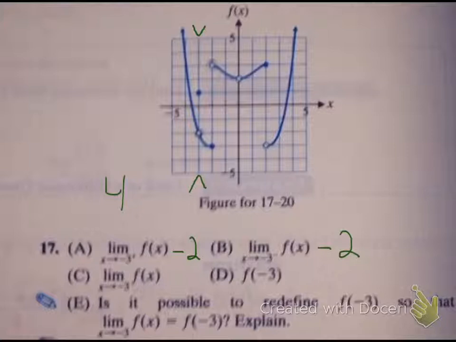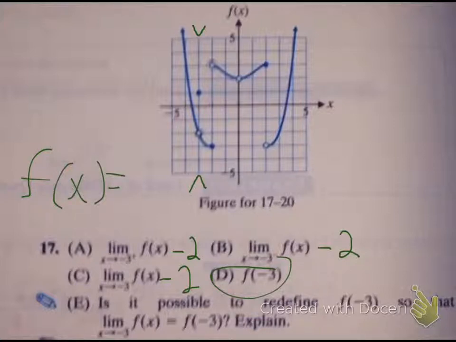Alright. However, even though that might be -2, what we know is that when f of x actually equals -3, we don't see y equal -2. So that's the last one, part D. So f of x actually equals -3. This is where x actually equals -3, and it's not approaching -3, it's just equal to it.